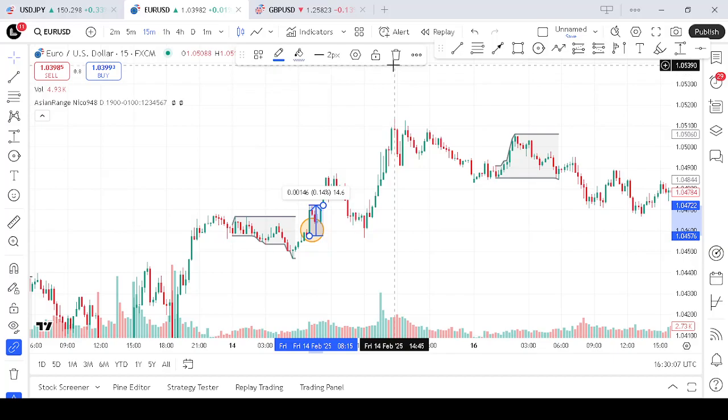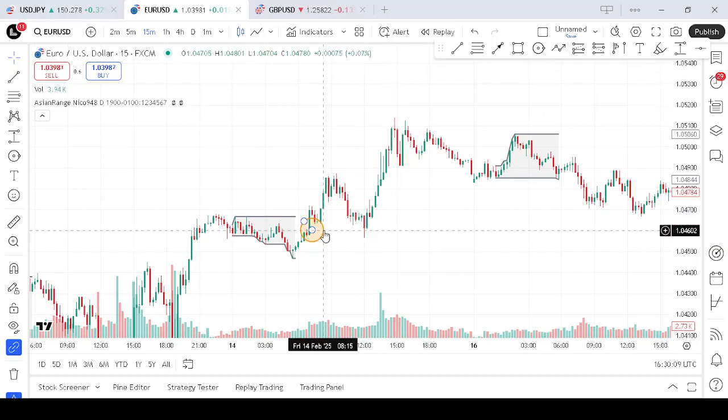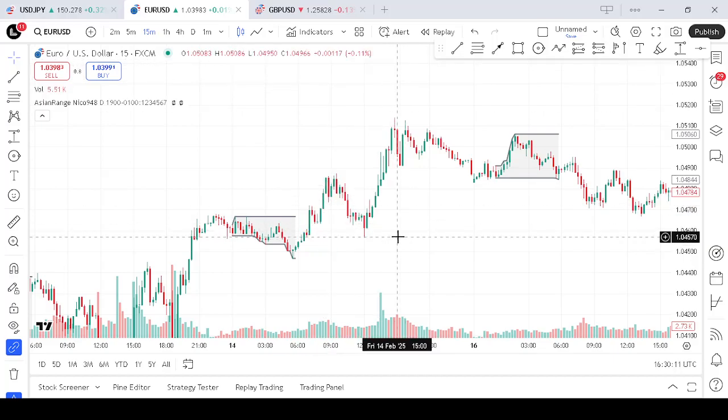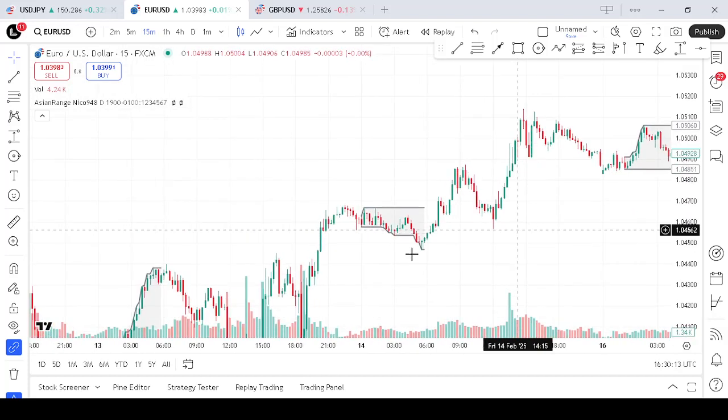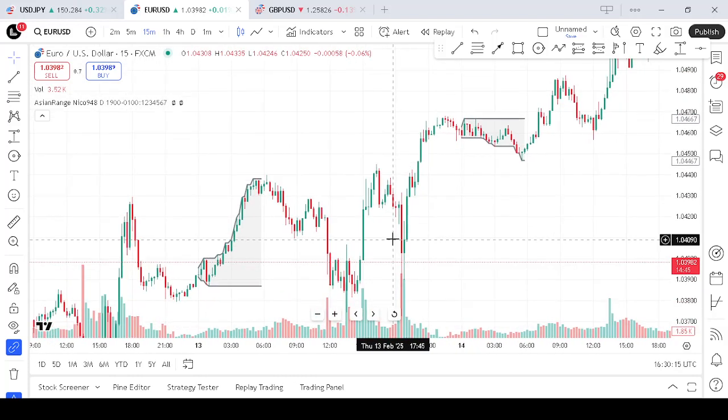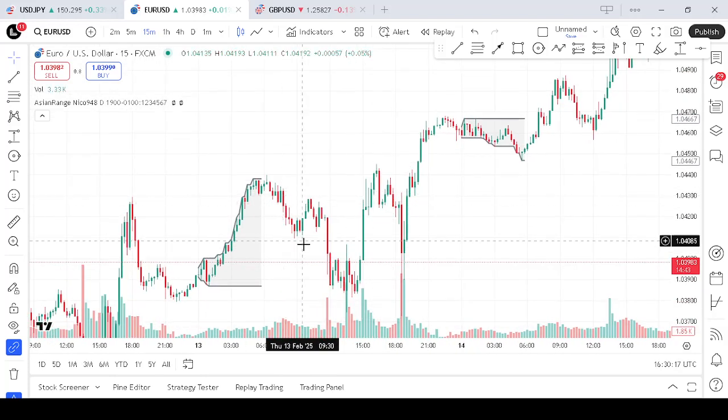So let's look for an example that has a 10 pips, a 20 pips candle, minimum of 10 to 20 pips.